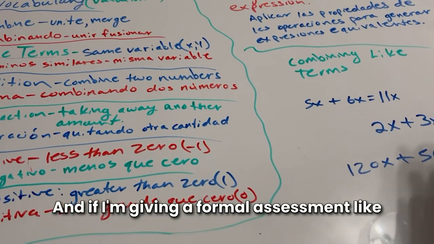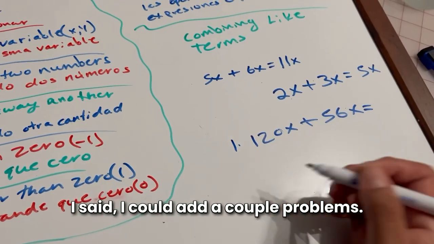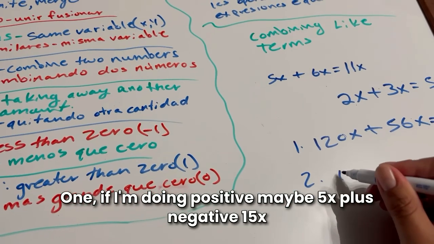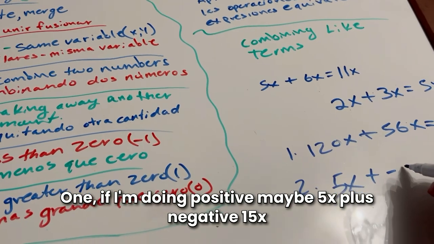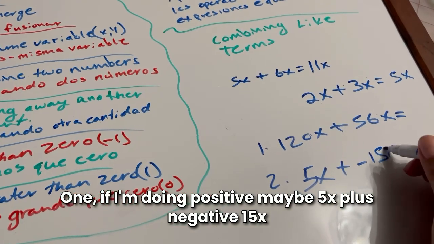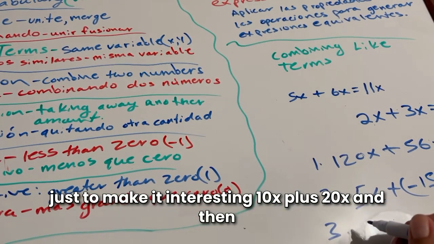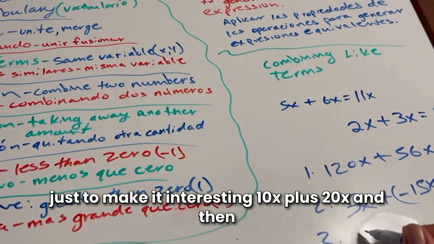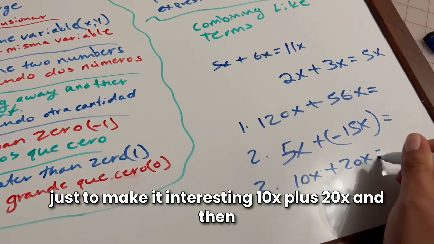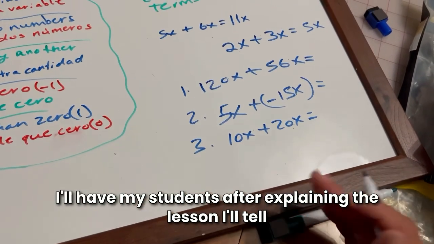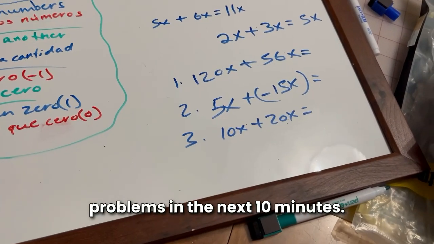And if I'm giving a formal assessment, I could add a couple problems. One, if I'm doing positive, maybe 5x plus negative 15x, just to make it interesting. 10x plus 20x, and then I'll have my students, after explaining the lesson, I'll tell them, all right class, I want you guys to do these 3 problems in the next 10 minutes.